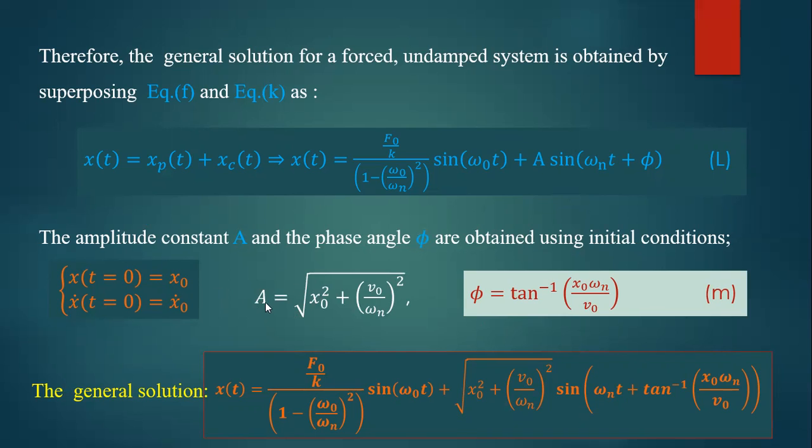By that, we can find A is equal to the square root of x naught squared plus v naught over omega n squared, and phi is tan inverse of omega n x naught over v naught. This v naught means x dot naught, and the general solution becomes this. This is the general solution.